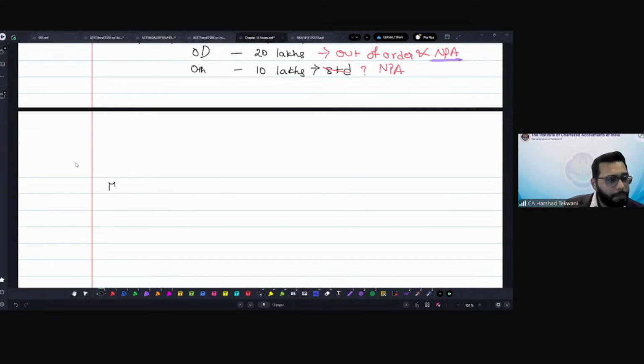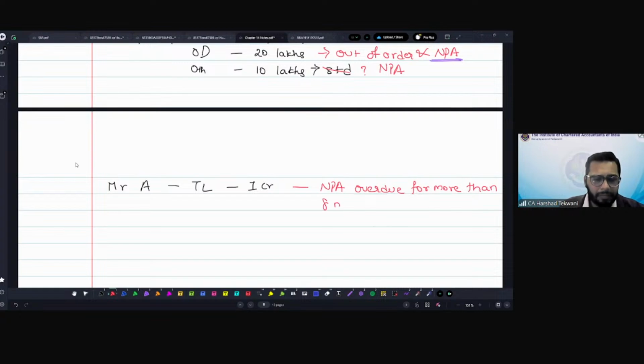Let's suppose Mr. A is only having a term loan, nothing else. For the time being, term loan 1 CR. Now this term loan was NPA, that is overdue for more than, let's say, 8 months. Usually after 90 days it becomes overdue. It was overdue for more than 8 months.